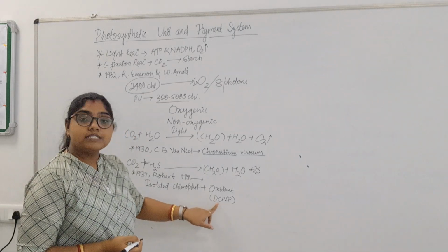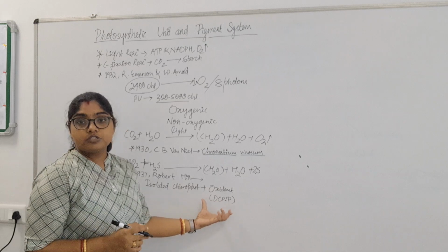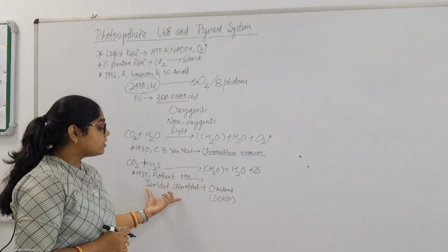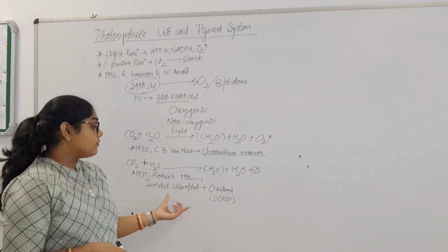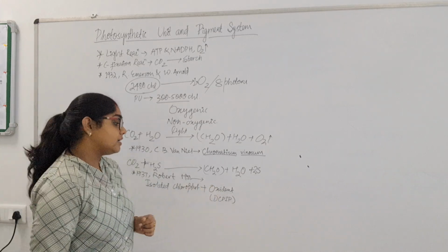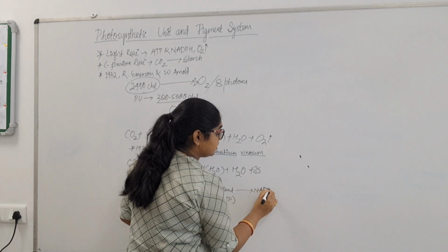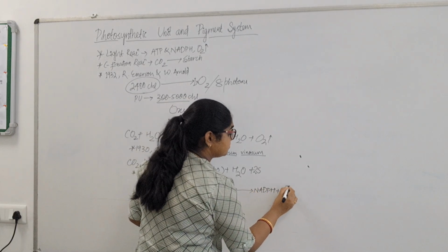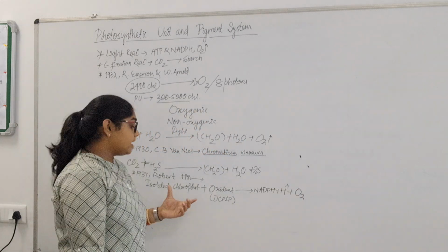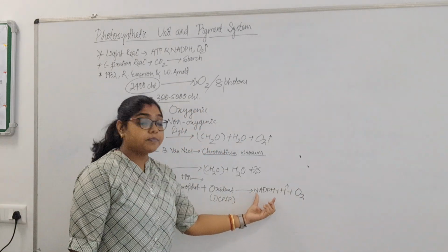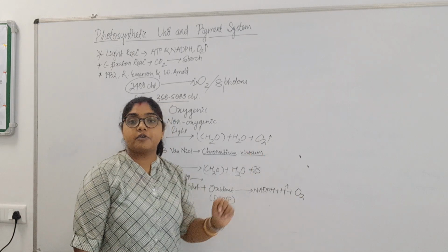This is 2,6-dichlorophenolindophenol, a non-physiological oxidant. So he took isolated chloroplasts without the enzyme for carbon dioxide fixation, with some oxidants, and he got NADPH, hydrogen atom and oxygen molecule. NADPH was produced, hydrogen atoms were produced and oxygen was evolved.